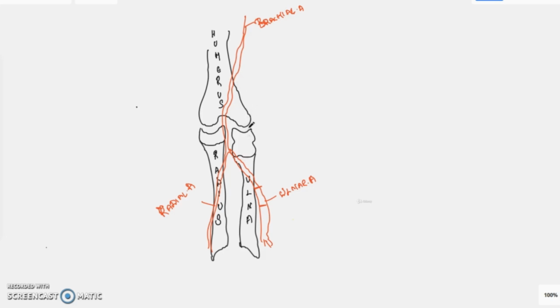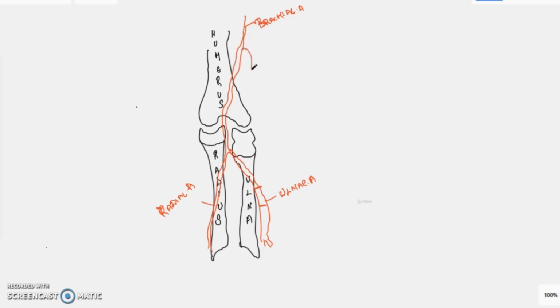In front of the medial epicondyle and behind the medial epicondyle, we will have some type of anastomosis happening between branches of the brachial artery and the branches of the ulnar artery. So this is the medial epicondyle. In front of the medial epicondyle, we will have anastomosis happening between two arteries. From the brachial artery we will have two arteries coming on the medial side.